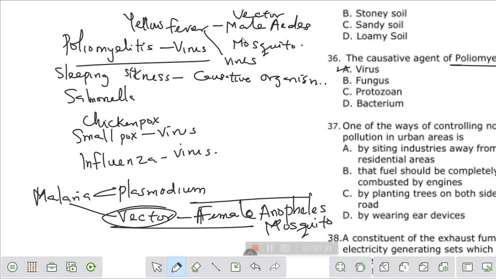Then staphylococcus, that's bacteria. Also please try to read on microorganisms around us. Try to know the shapes of bacteria. We have types of bacteria on the basis of oxygen: aerobic bacteria, anaerobic bacteria, and facultative bacteria.